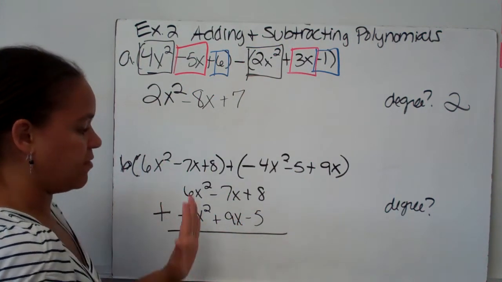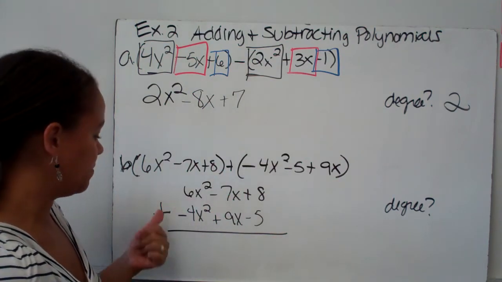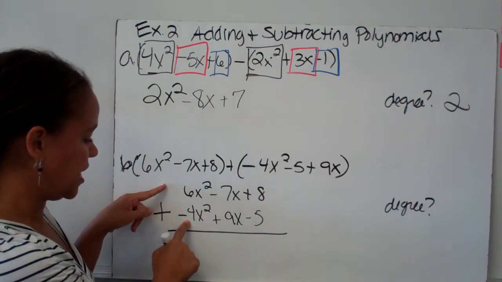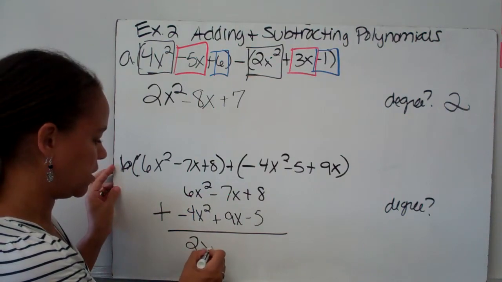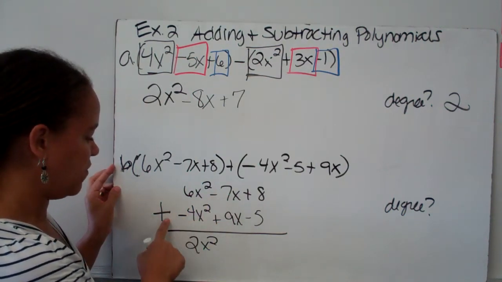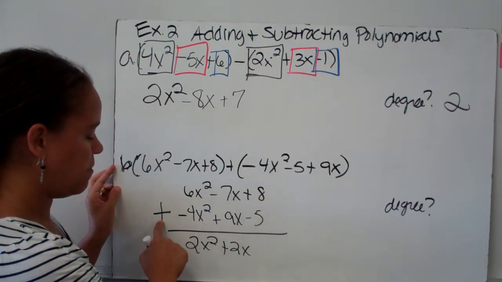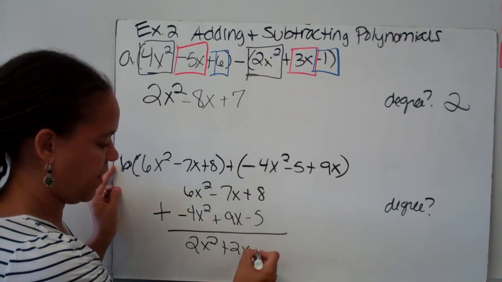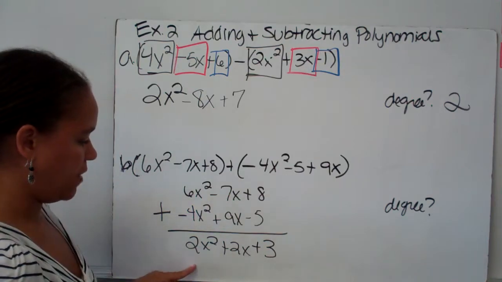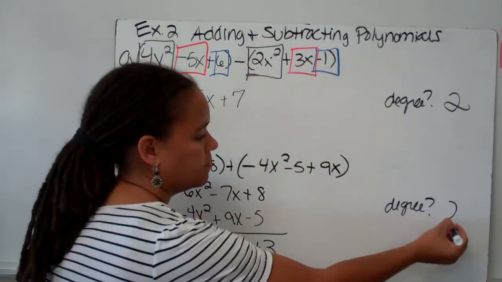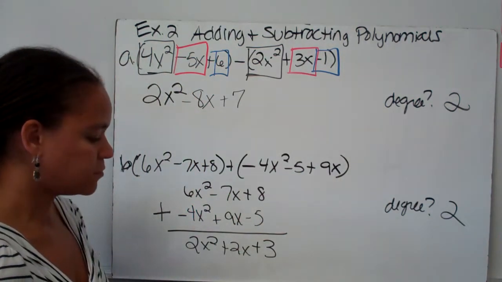That way I have everything lined up, and then you just simply add. So 6 plus -4 is 6 minus 4, which would be 2x squared. -7 plus 9 would be 2x. And then 8 plus -5, or 8 minus 5, would be 3. And of course the degree here, 2 again.